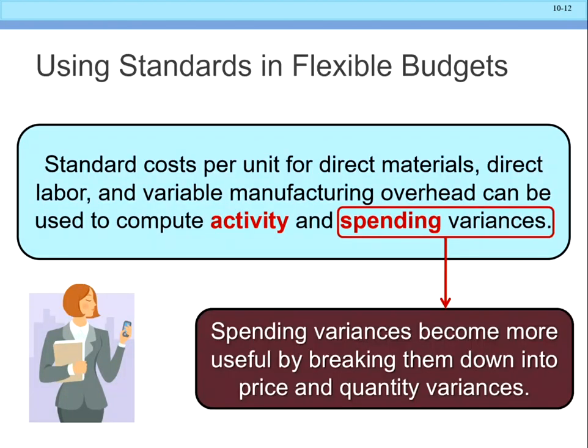Okay, so using standards in flexible budgets. A flexible budget is simply a budget that has been revised to take into account the actual activity that took place. Remember, when we budget, we may budget, let's say, to produce 100 units, and the cost to produce 1 unit is perhaps $10.